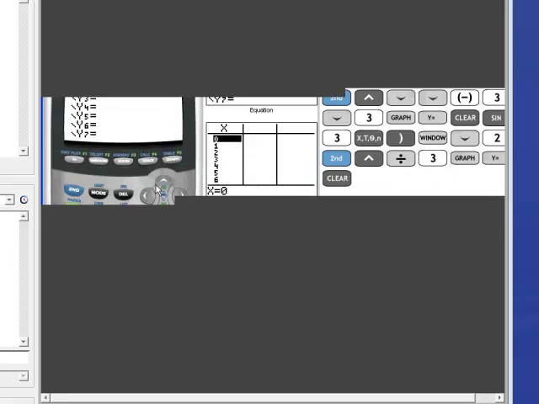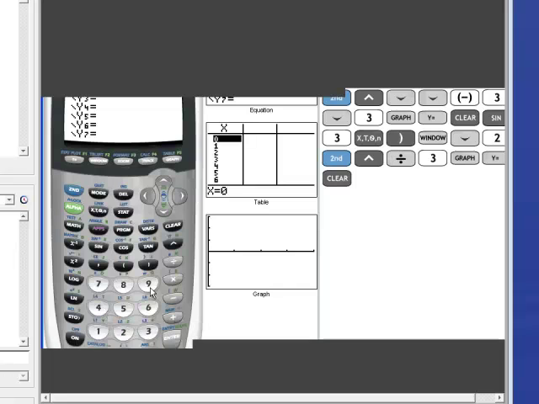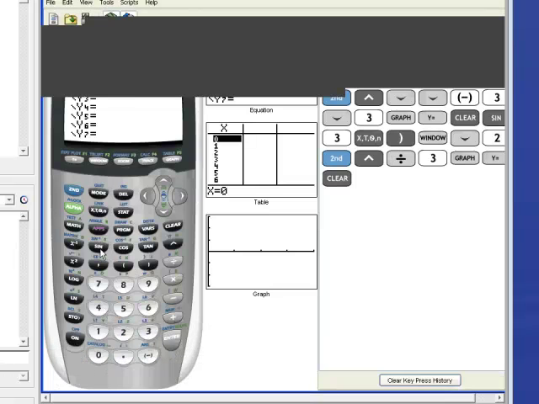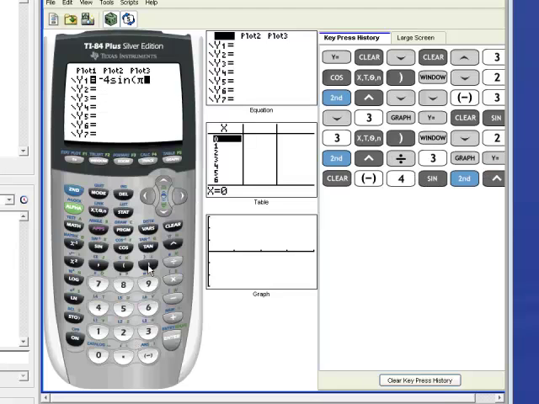All right. So the first one of the last two that we just did was negative 4 sine pi x. And we should graph that between 0 and 2.